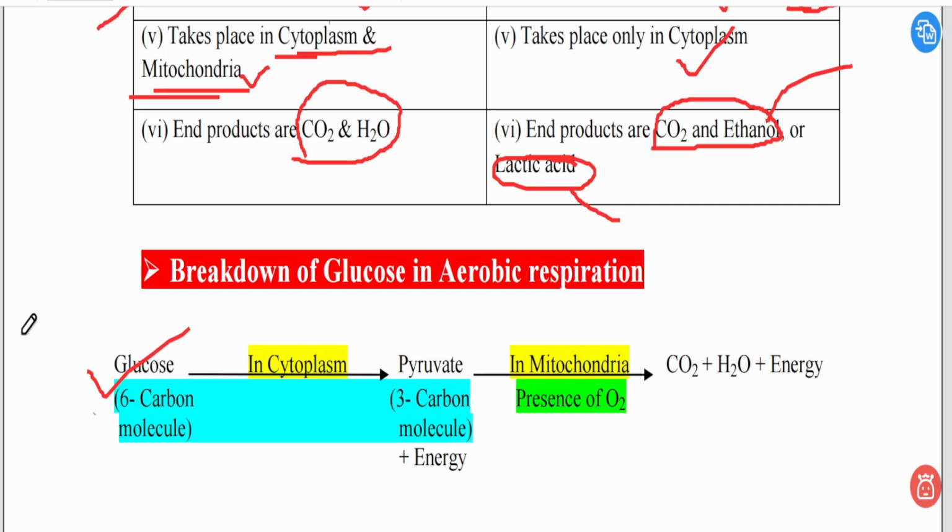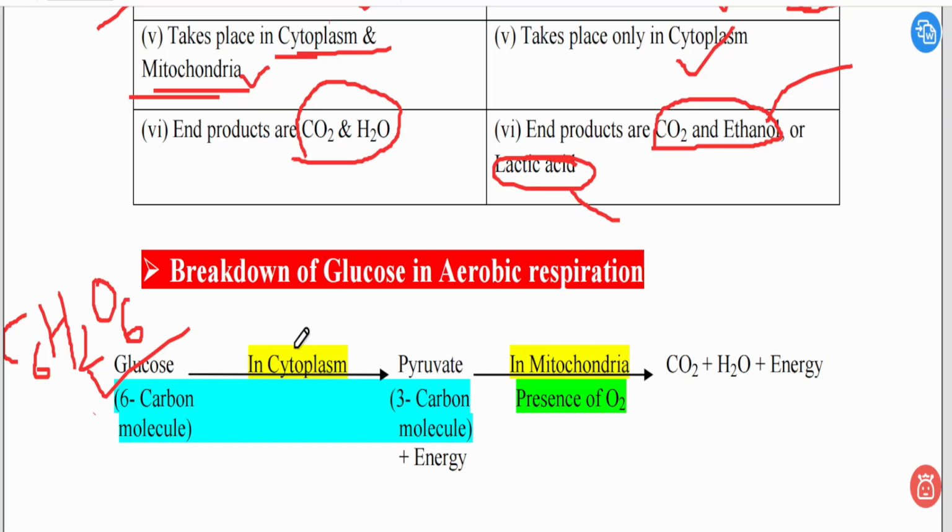Glucose is a 6-carbon molecule, and the chemical formula of glucose is C6H12O6. We already studied glucose in the previous part, the photosynthesis part. So C6H12O6, that is glucose.